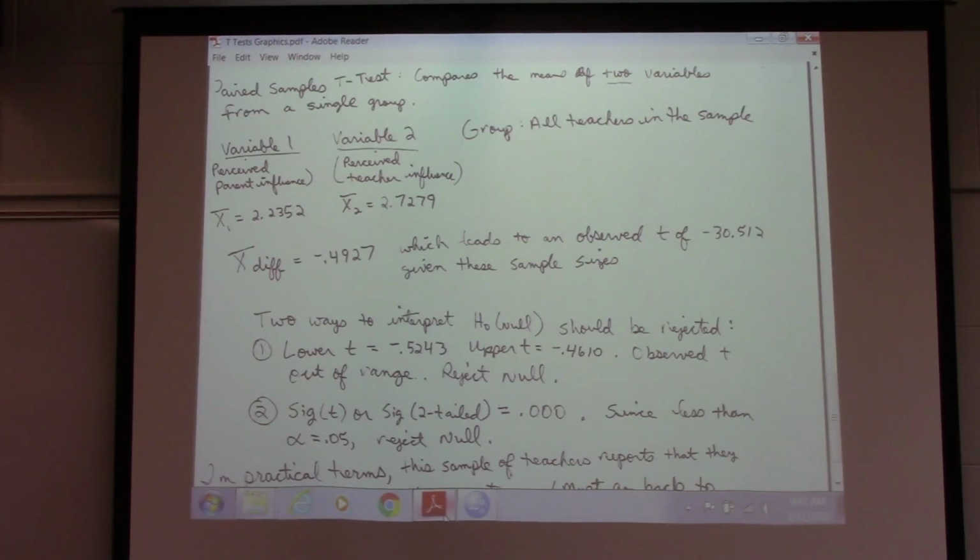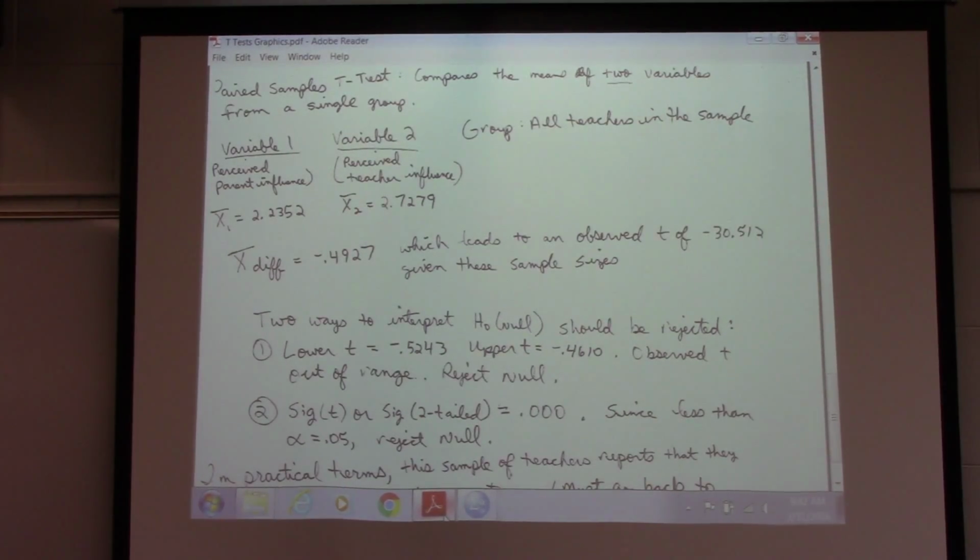If you'll think back to the framework that I've been trying to drive home through these different modules, you ask yourself these questions. In your test, what's the key word in the question in output A? The sentence says, is there a mean difference between this sample of teachers' reports of teacher influence, which is called TQ25, and parent influence, which is called TQ11 in school decisions?